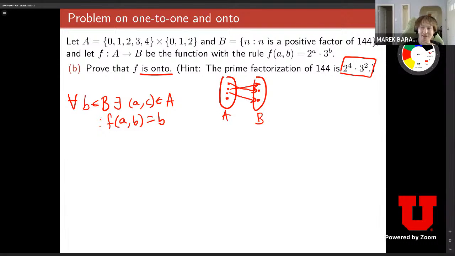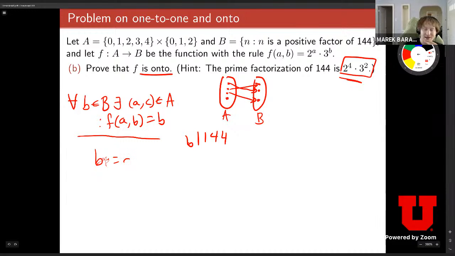Okay, does someone have an idea how to go at this? Okay, so for every b, we know that these elements of B divide 144, which means it has to divide the prime factorization.